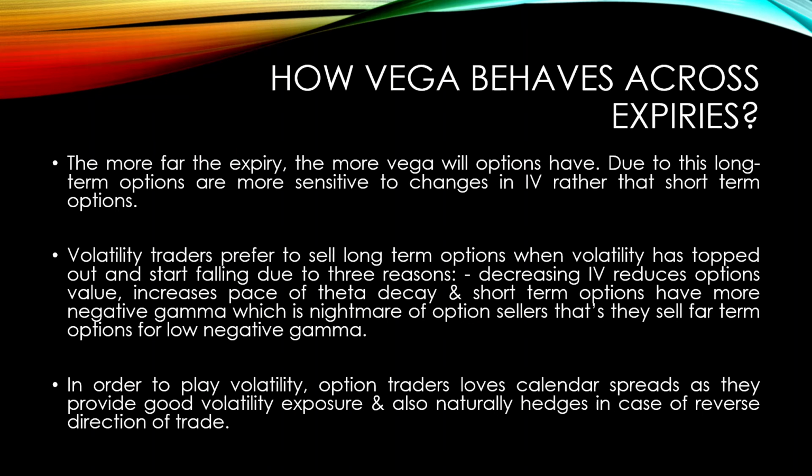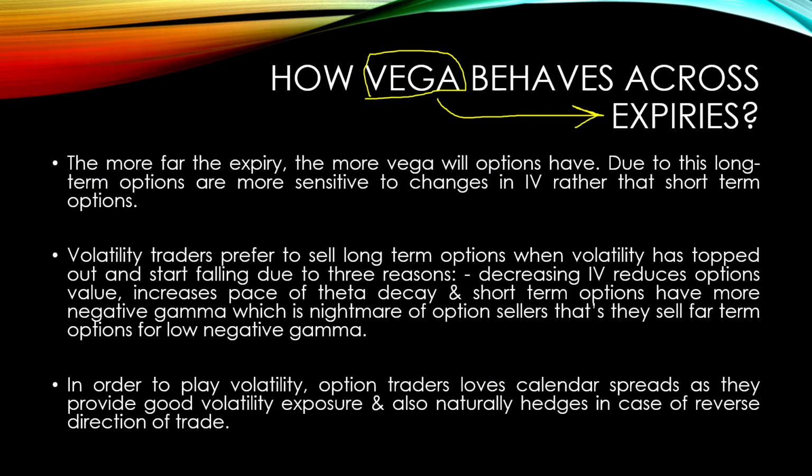So how does Vega behave across different expiries? What is the impact on Vega due to a change in expiry? Let's say one option is expiring in 1 week and another option is expiring in 1 month. How their Vega is different and how they are interrelated, we will discuss here.